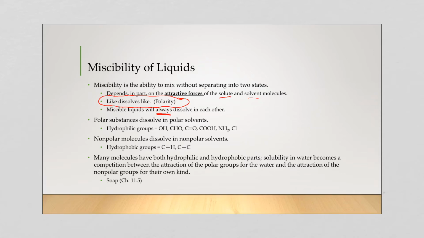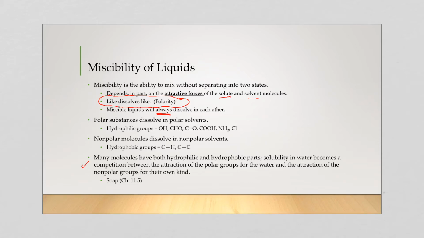Now, as we mentioned with soap, and soap is not the only example here, many molecules are large enough that they can have separate hydrophilic, or water-liking, polar regions, and water-fearing, nonpolar hydrophobic regions.